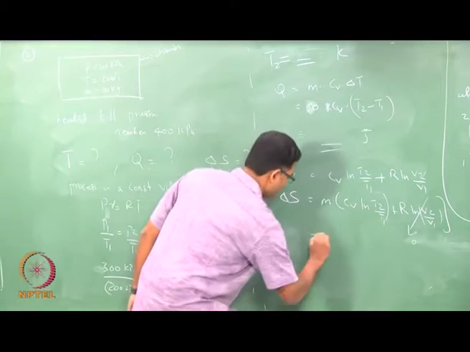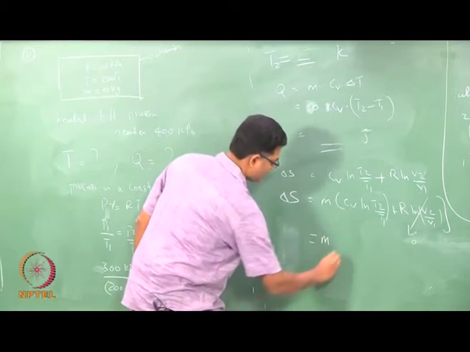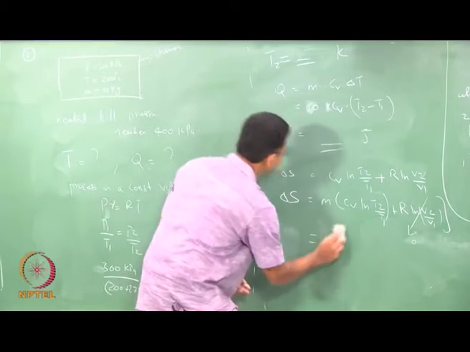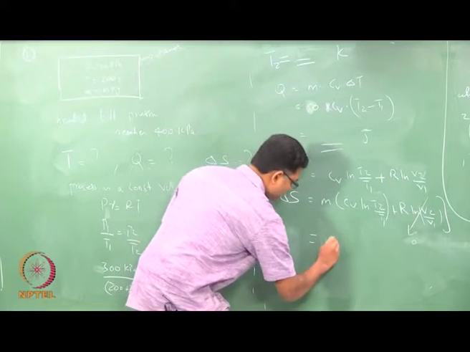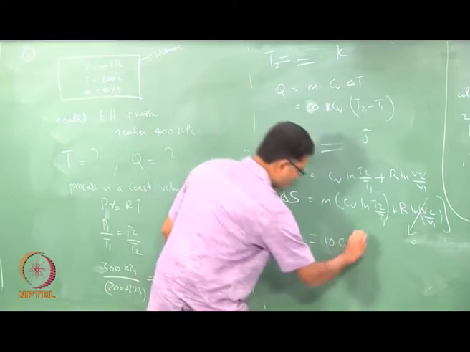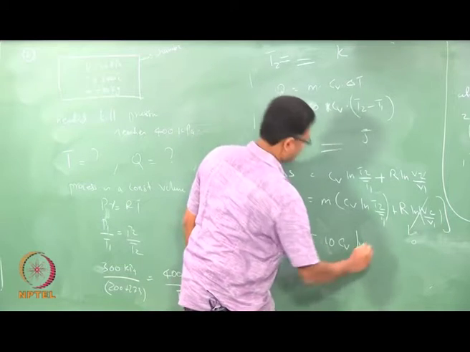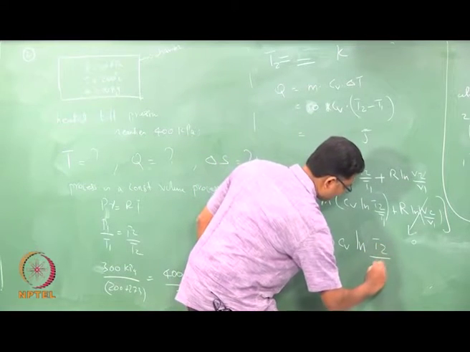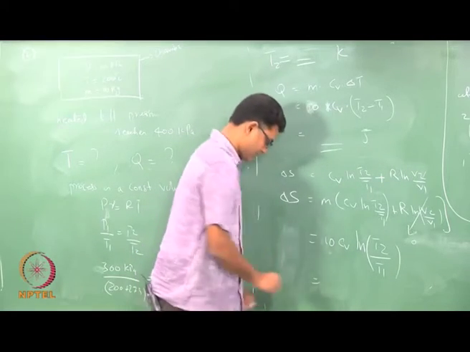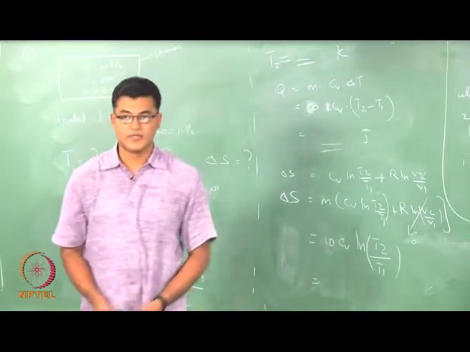So, that would be your M, which is 10, appropriate CV ln, yeah, whatever value you get for T2 by T1. Okay.